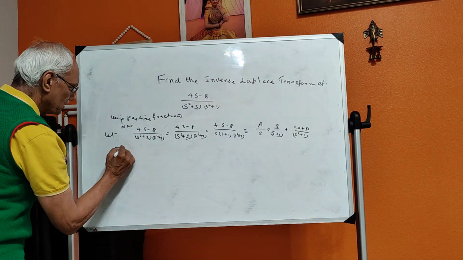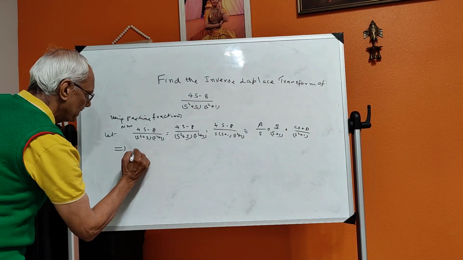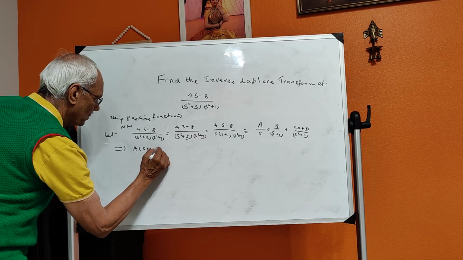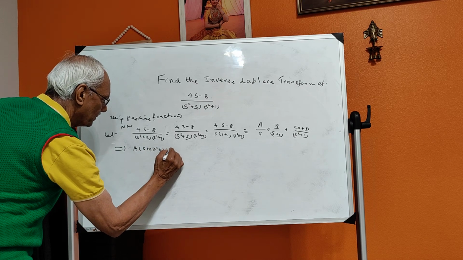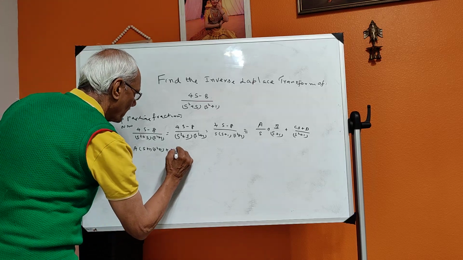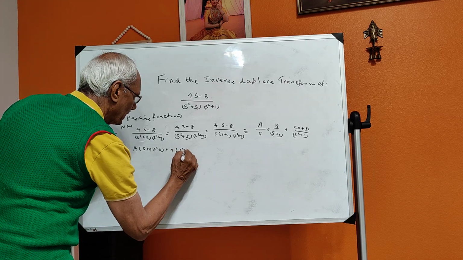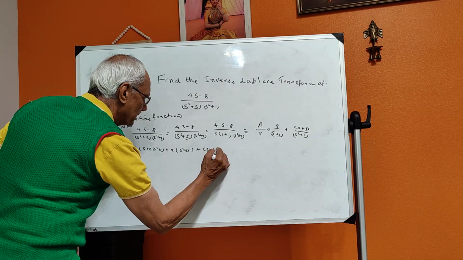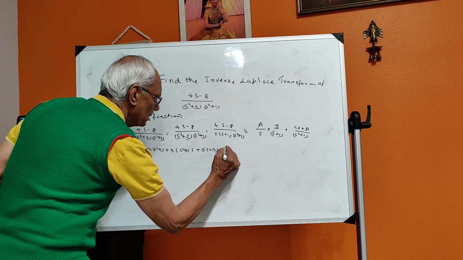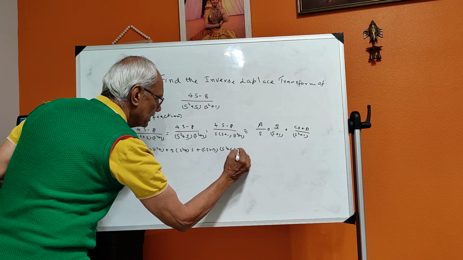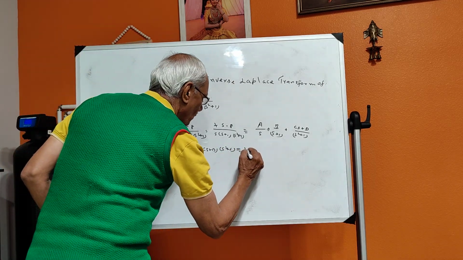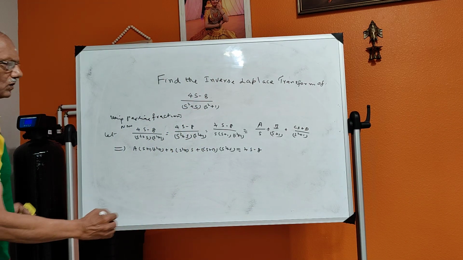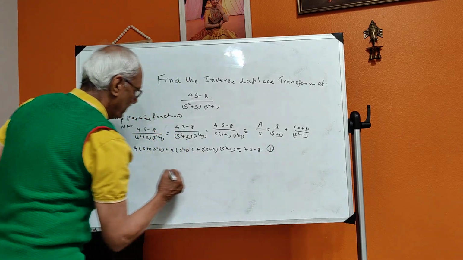So this gives A into (s plus 1) into (s squared plus 1) plus B into s into (s squared plus 1) plus (Cs plus D) into (s squared plus s) is identically equal to 4s minus 8. Call this as 1.